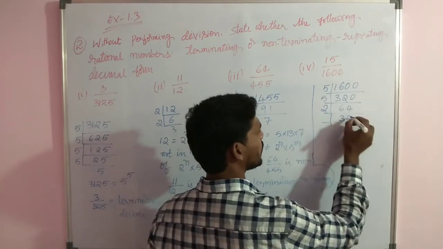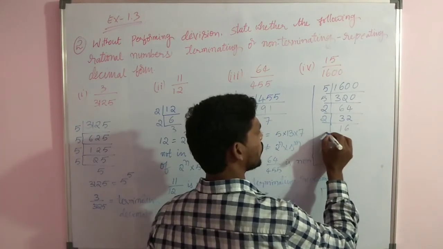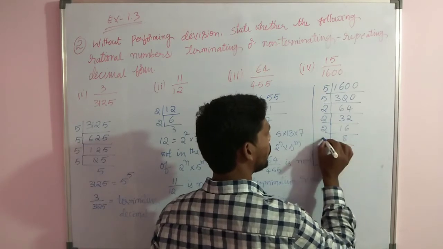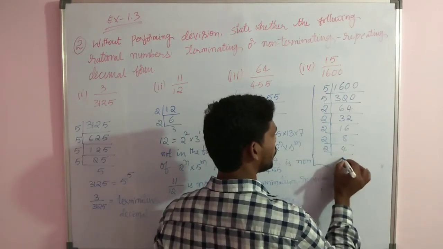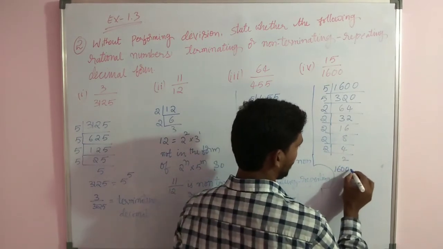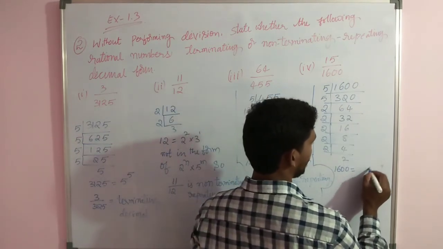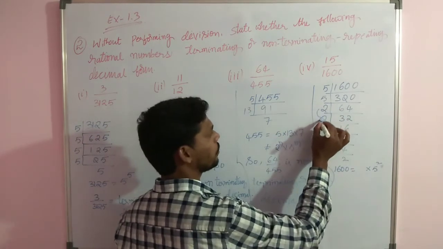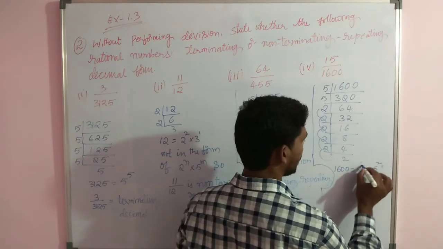Again the units place is even, take 2: 2 ones are 2, 2 sixes are 12. So 16, again an even number, 2 eights are 16. Again even, 2 fours are 8. Again even, 2 twos are 4. So this 1600 can be written as 5 repeated twice, so 5 square, and 2 repeated 6 times, so 2 power 6.